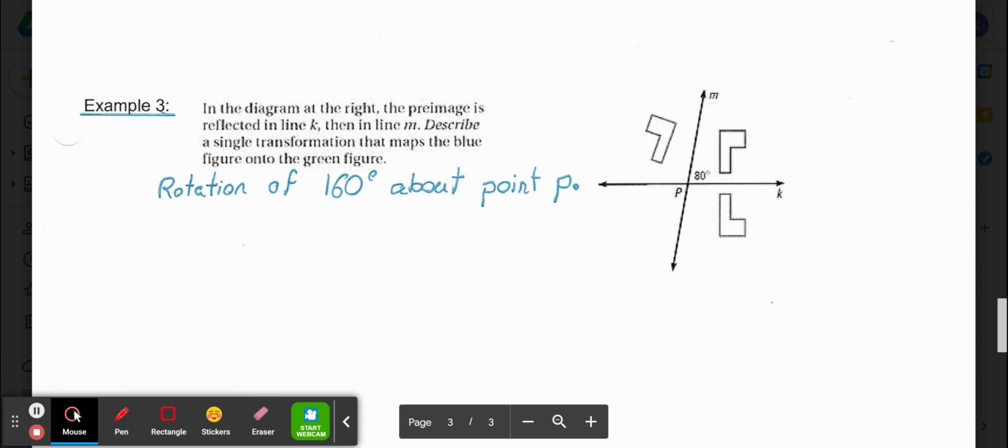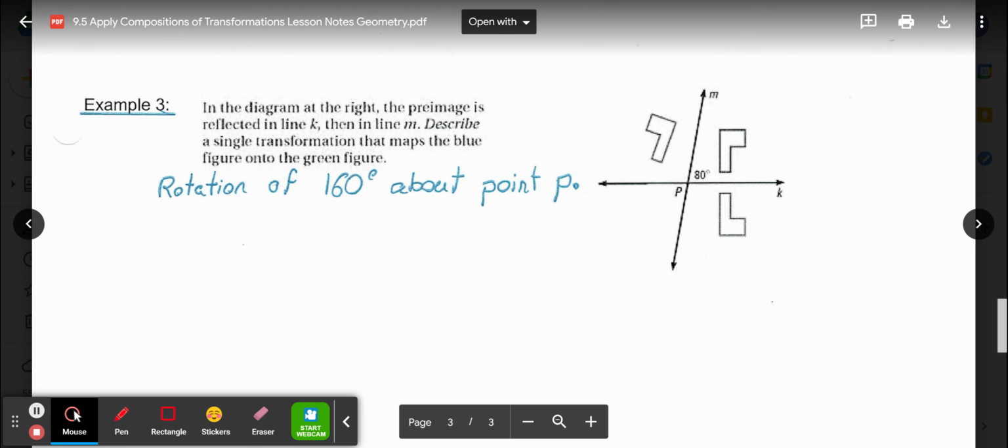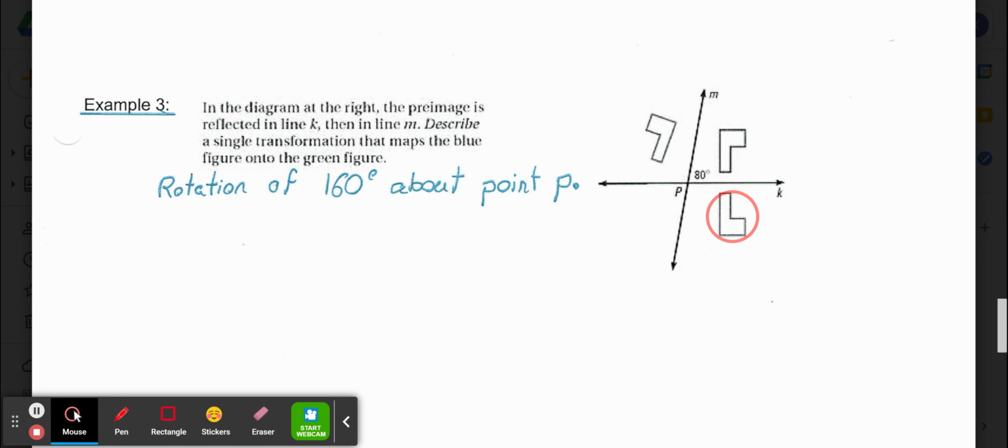So our final example says in the diagram at the right, pre-image is reflected in line K, then in line M. Describe the single transformation that maps the blue figure onto the green. Well, we can't see the colors here because it printed black and white, but let's look at this. If this is our original pre-image, reflecting in line K, giving us this, then reflecting in line M, here would be our final image.